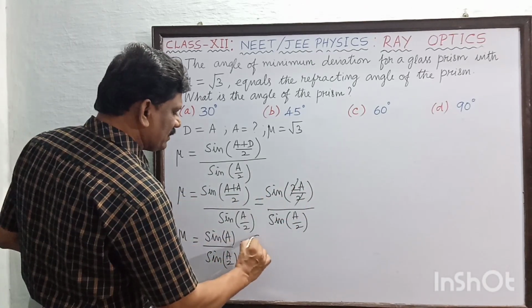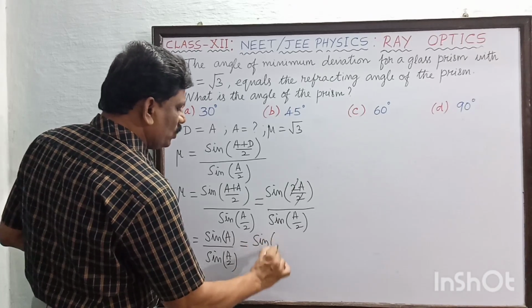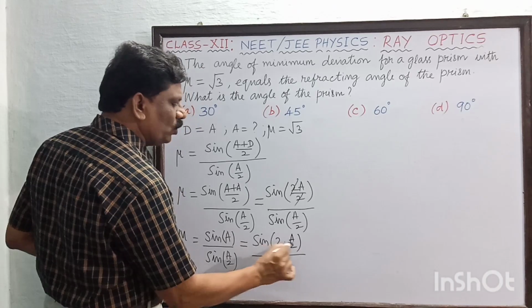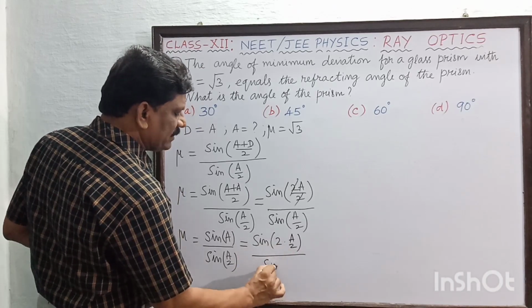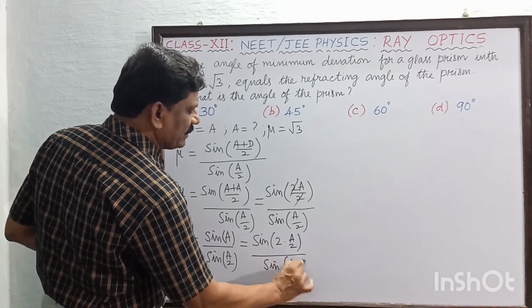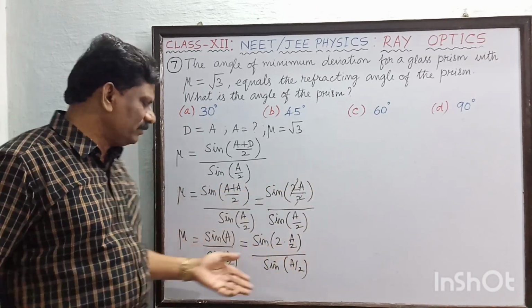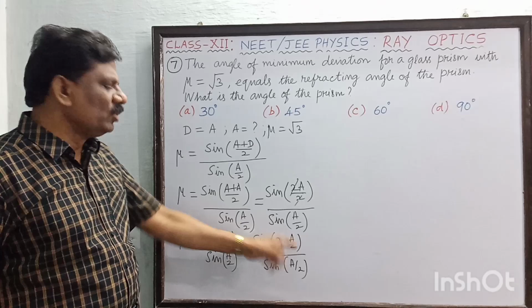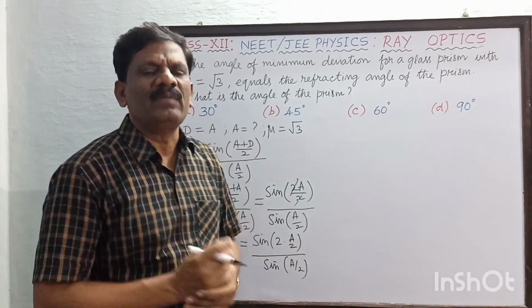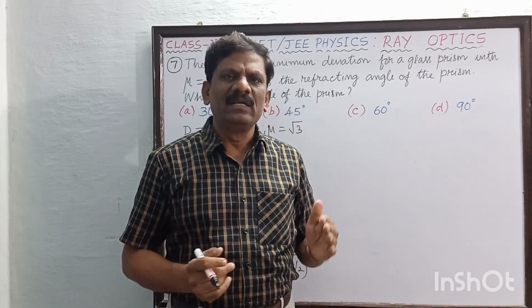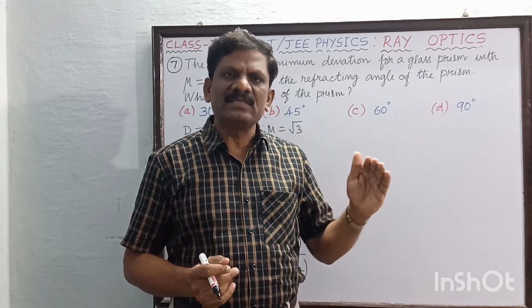It is sine of 2 into A by 2, that is sine 2 theta divided by sine of A by 2. Like this also I can write. Here itself we should have substituted, no problem. So sine of 2 into theta. What is the expansion of sine 2 theta? 2 sine theta into cos theta.